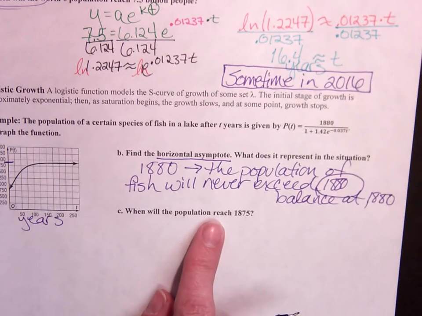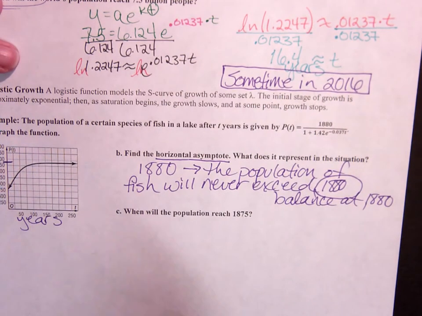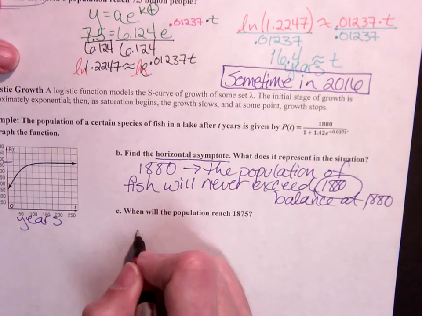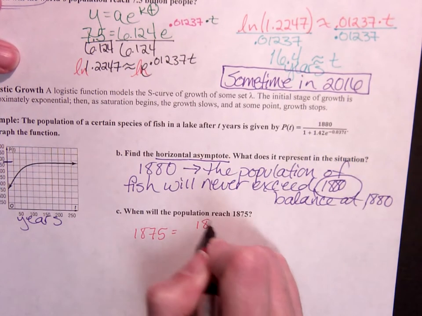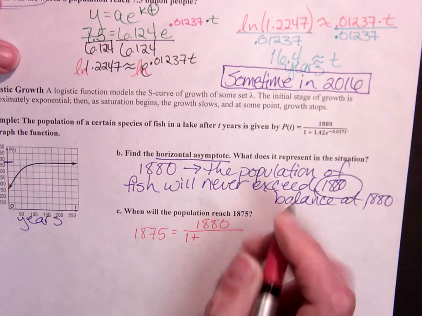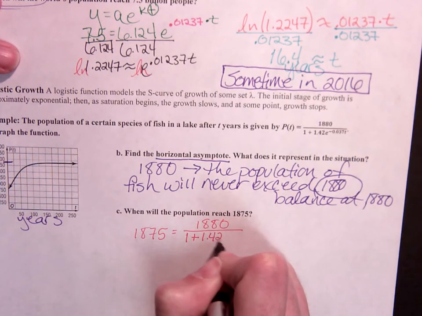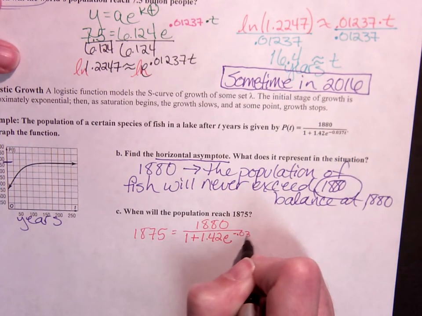Okay, so when will it reach 1,875 fish? Well, I'm just going to plug that in. And it looks gross, but it's not so bad. 1875 equals 1880 over 1 plus 1.42 e to the negative 0.037 t.